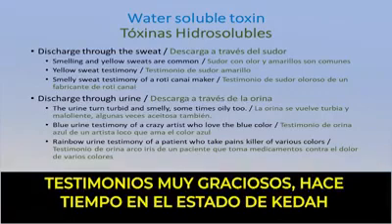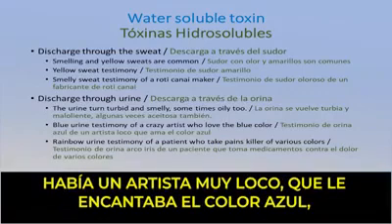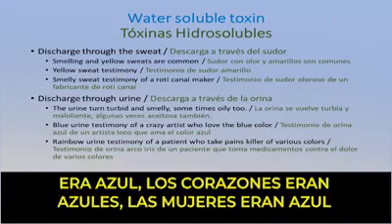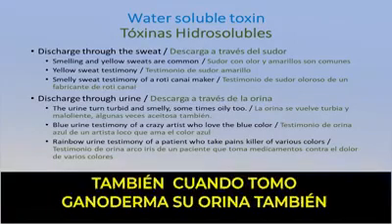Last time in Kedah State, there was one artist, a very crazy artist. He loved the blue color. In his drawing, everything is blue. The tree is blue, the moon is blue, the heart is blue, the beautiful woman in the drawing also blue.